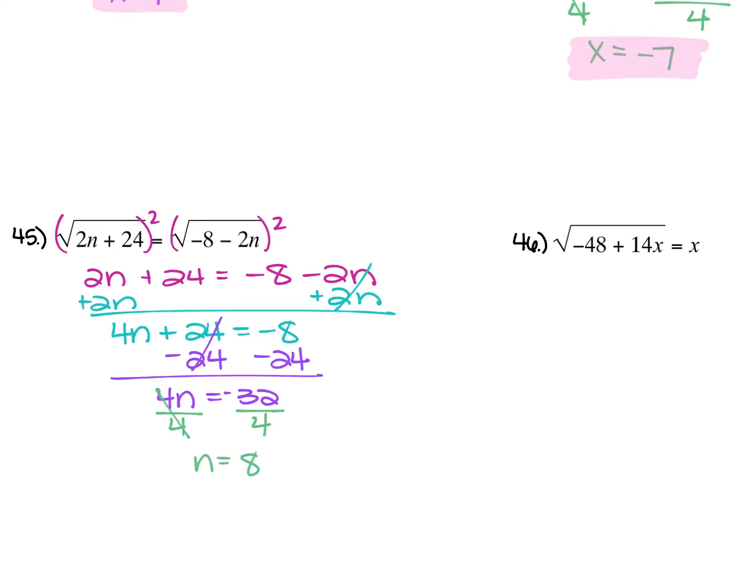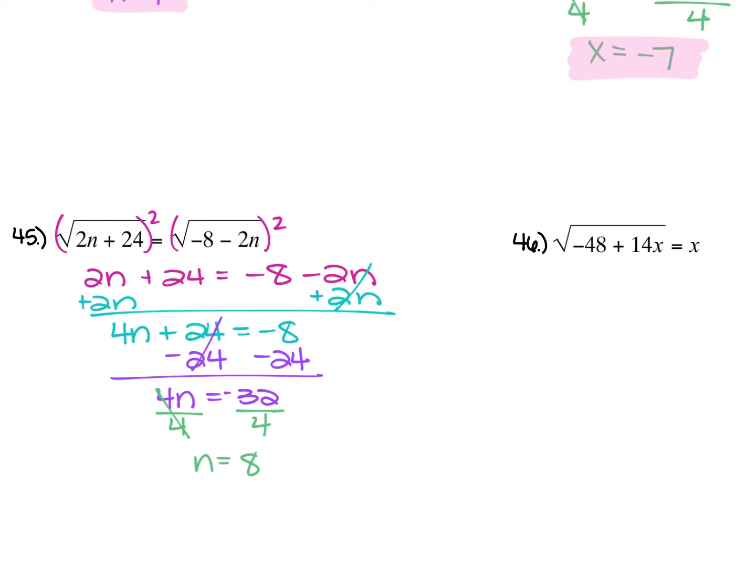Check your answer. 2 times 8 is 16, plus 24 gives us the square root of 40. The next one is the negative 8 minus 2 times 8, which is negative 24. Right?